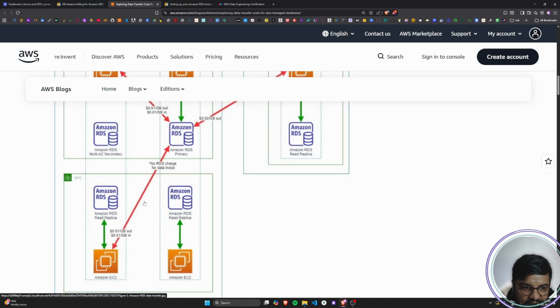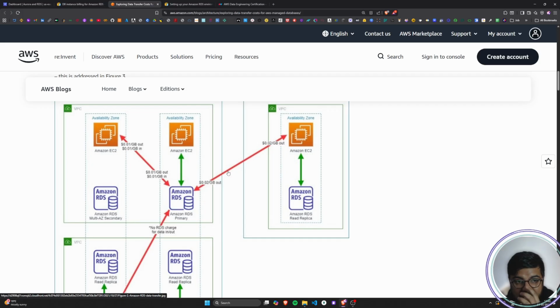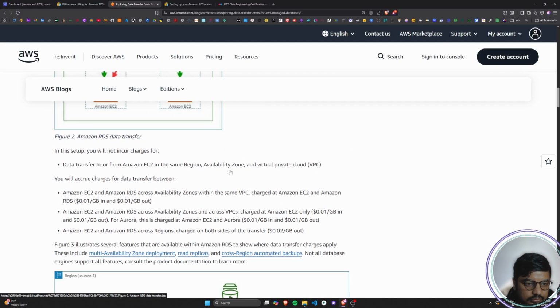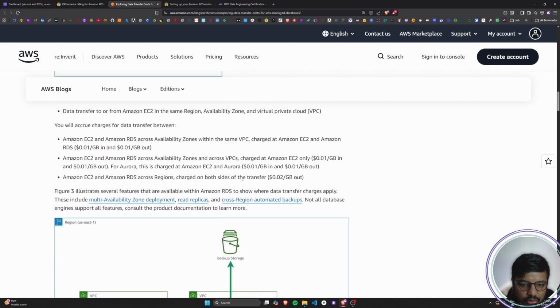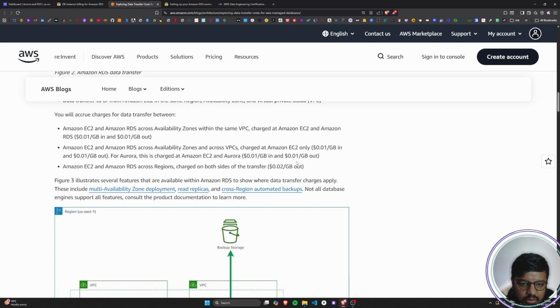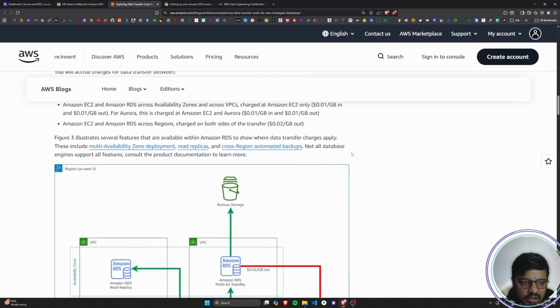And here, if it is in a separate VPC, we will be charged only for EC2 and not for RDS. This is the minute kind of computation that we should be aware of in order to reduce our costing, since we will be charged on both sides.